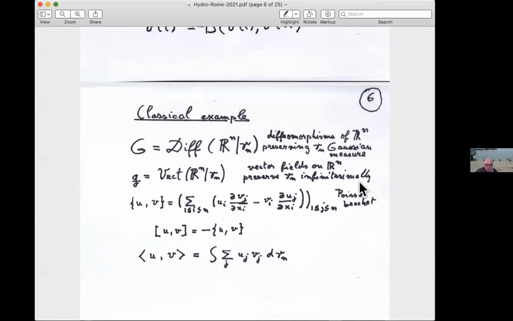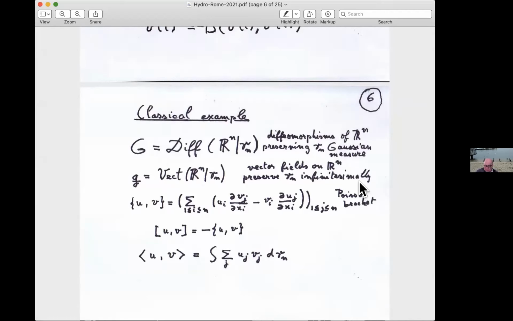The bracket in the Lie algebra is minus the Poisson bracket, and the scalar product is this integral, Hilbertian scalar product with respect to the Gaussian measure.